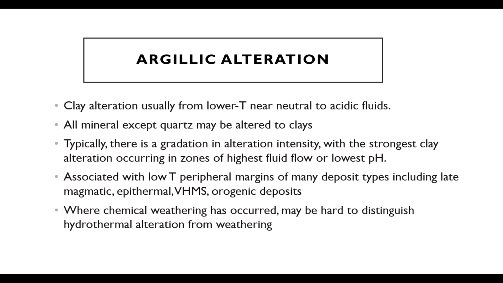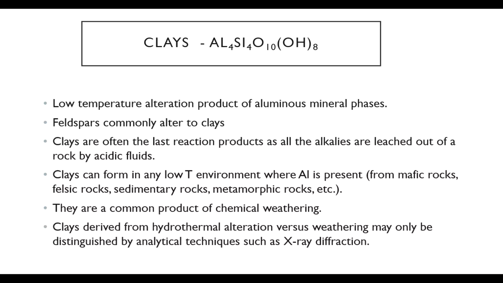And we have to take care because when we have chemical weathering, we might form kaolinite and things like this, and it can be similar to this hydrothermal style. So clays, mostly things with an aluminosilicate with high proportions of water, hydroxyl components, and they're low temperature products of most aluminous phases, especially feldspar.